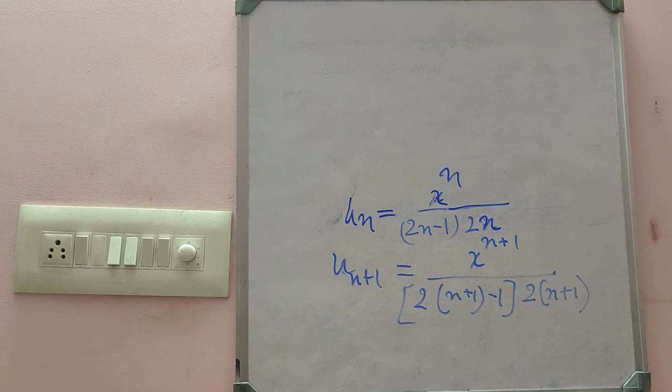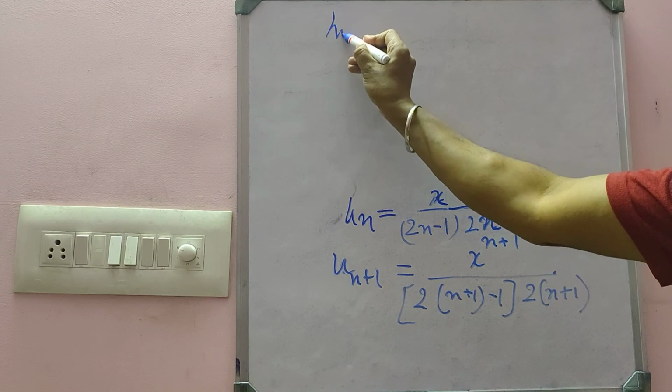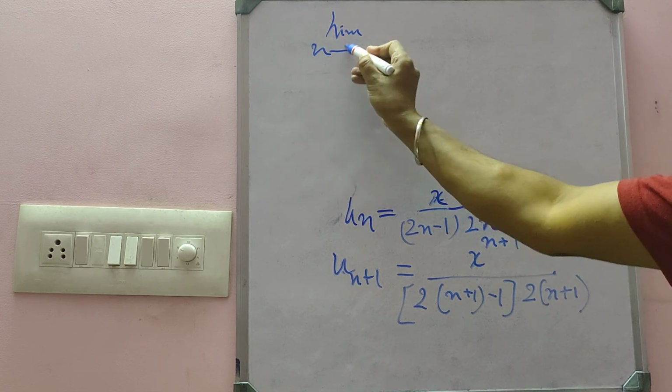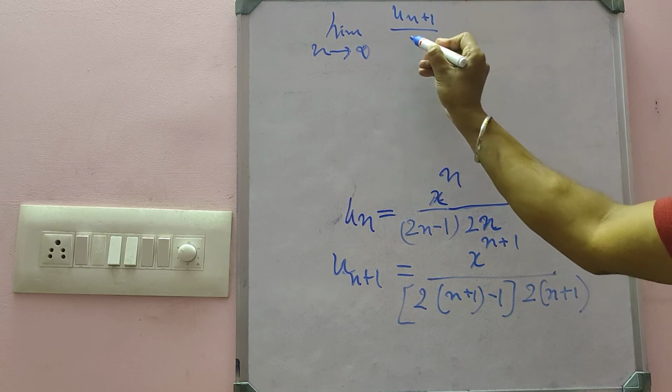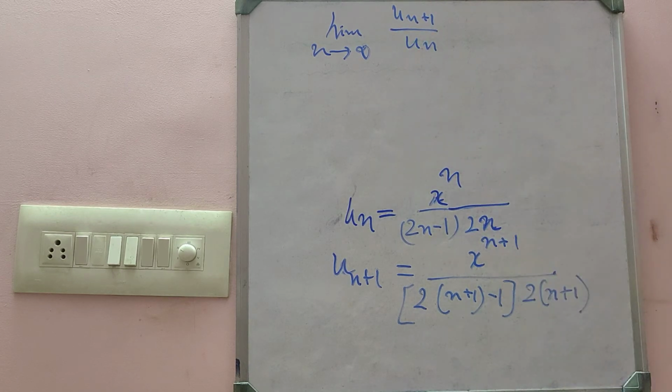So now we have to take the limit n tends to infinity of un plus 1 by un, the ratio of the n plus 1 term to the n term.